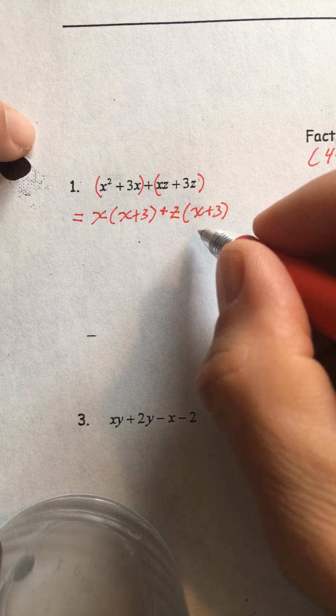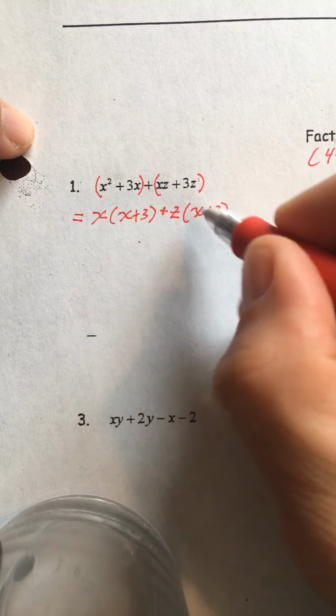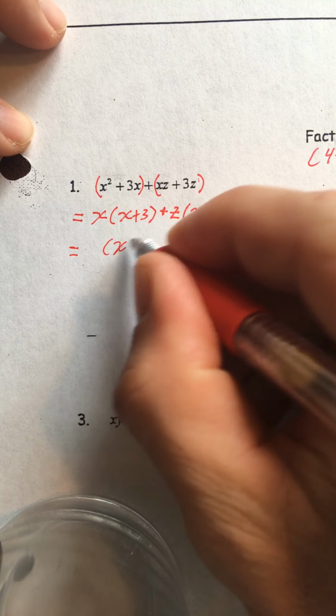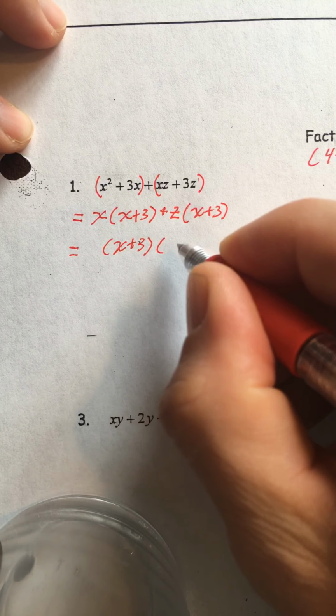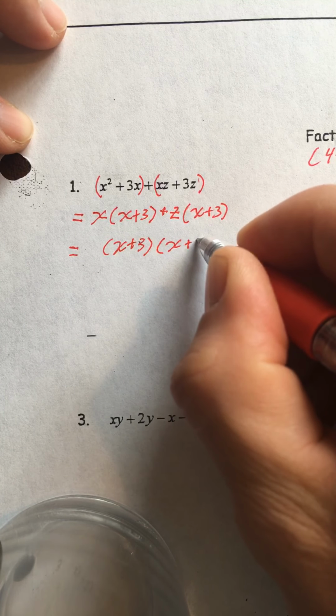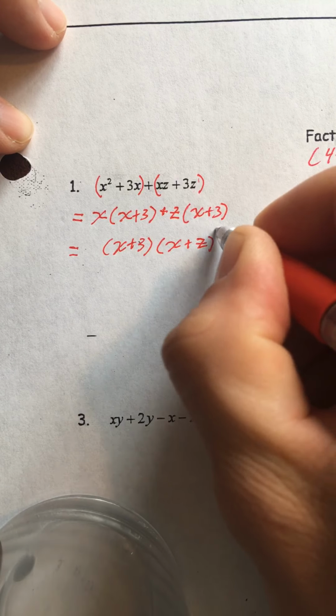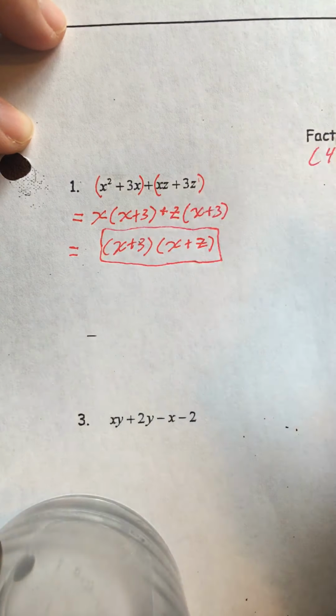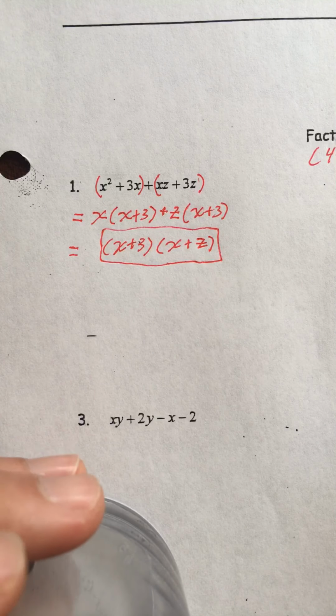And now we can see that I have a common binomial in both of those terms. I'm going to factor out an x plus 3, and what's left is x plus z. And this is factored form. These are two binomials that are being factored, and I am finished there.